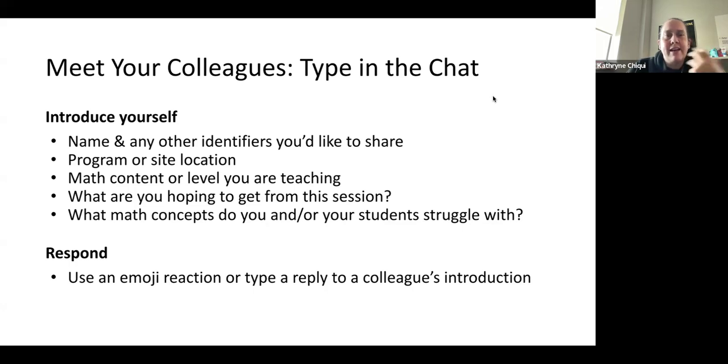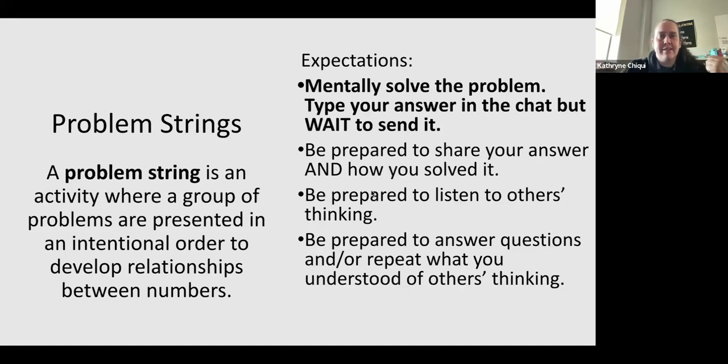So I want to talk about what a problem string even is, and that will hopefully help connect things. A problem string is an activity where a group of problems are presented in a very intentional order to develop relationships between numbers. And they are very intentionally written to help develop certain skills for students.